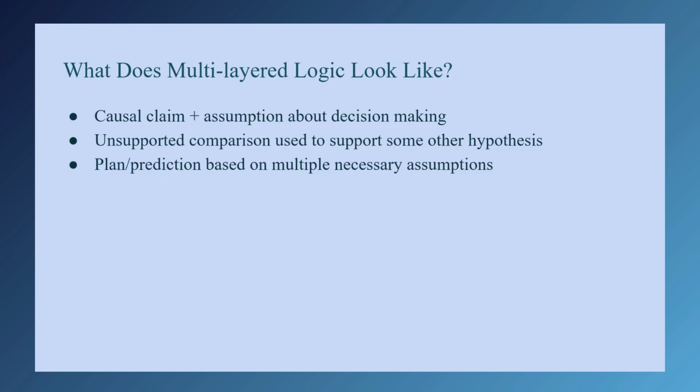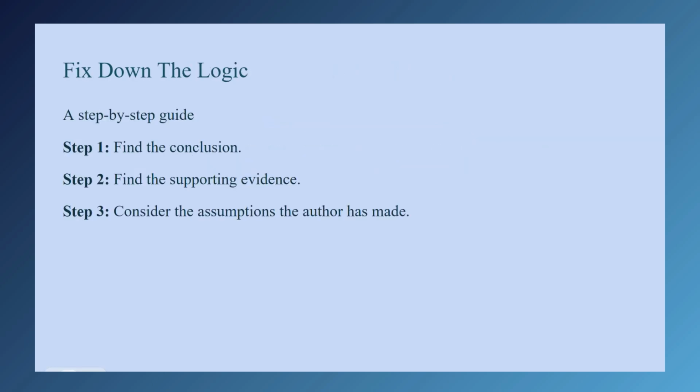It could be a plan or prediction based on multiple necessary assumptions, any of which could go wrong. These questions often feel simple on the surface, much like any critical reasoning question might, but once you start pulling the threads, you realize how complicated they actually are. Here is a step-by-step guide to working through them.